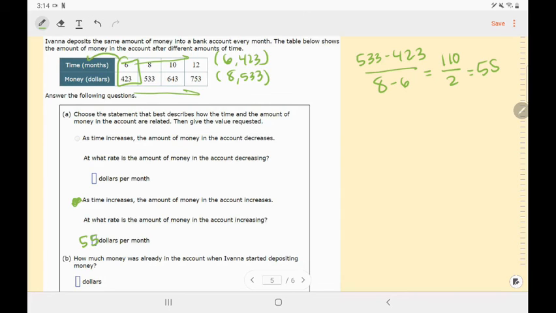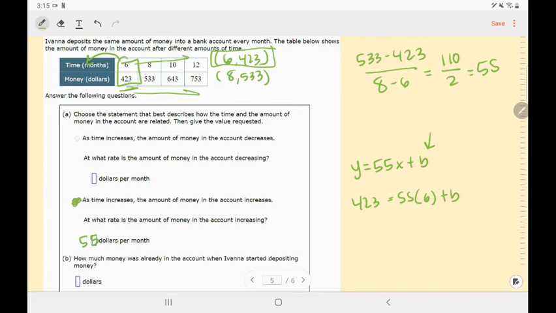I need to go backwards in my table. So again, I'm going to use the B method. I know that the relationship is given by 55x plus my starting value. So plug in one of my points. 423 is equal to 55 times 6. Now, if I had to guess, I'm confident that it's going to be smaller than 423.